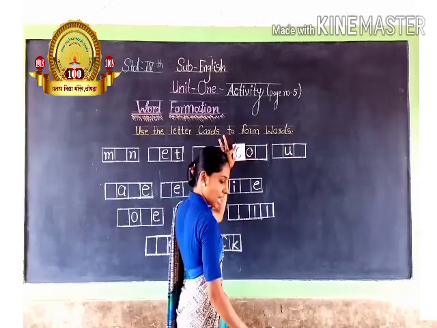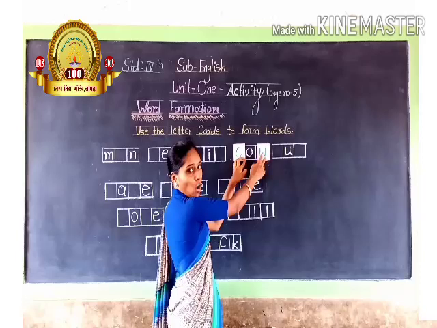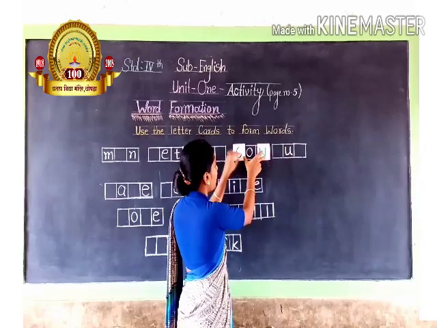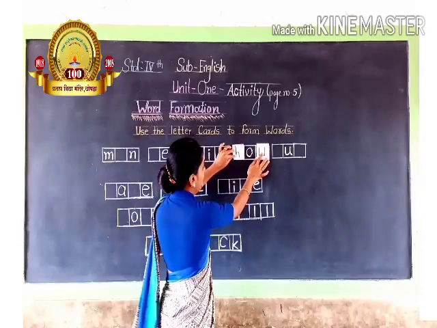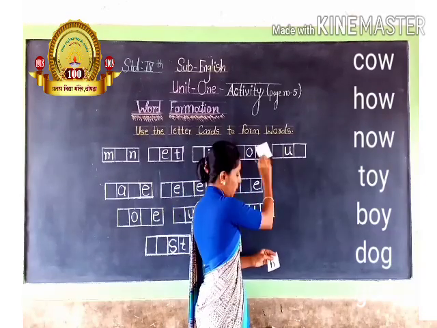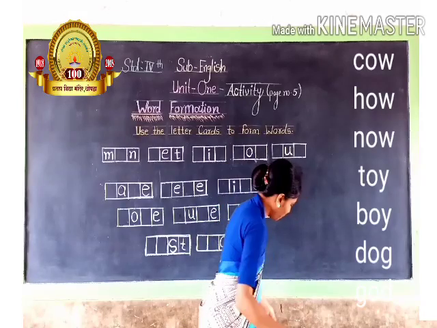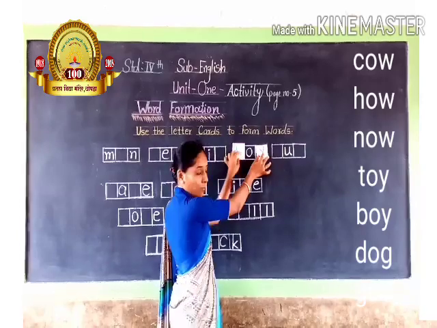C, and last W. Then we get one common word, COW, cow. Here I change only the first letter and get a new word, HOW, how. If you change both the cards at a time, then you get the new word BOY, boy.